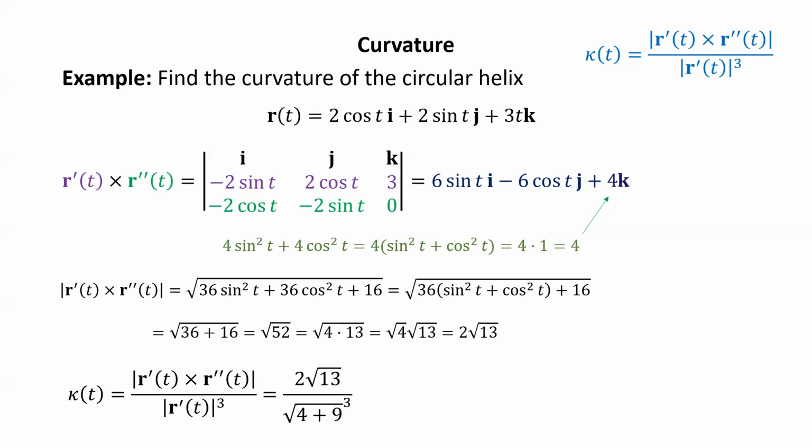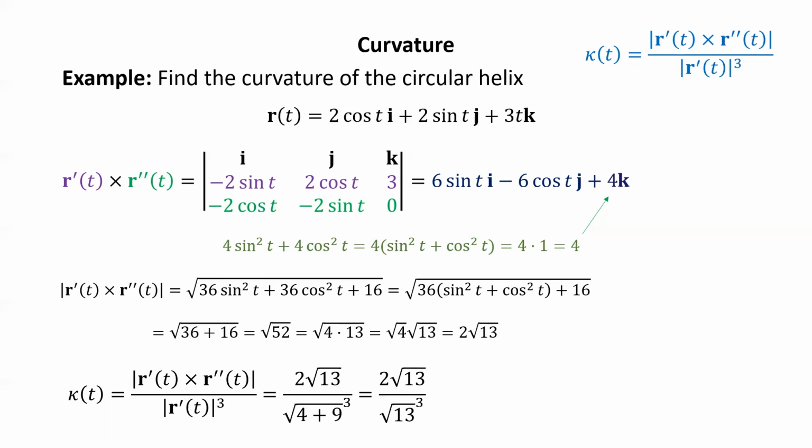And we're going to apply the same trick that we did a couple of times already. We have 4 sine squared t plus 4 cosine squared t, which after factoring and using the Pythagorean identity is just 4, plus 9. And that's what goes under the square root there.